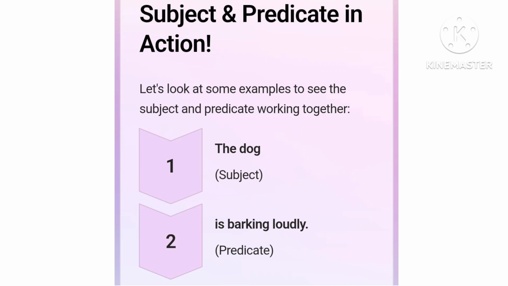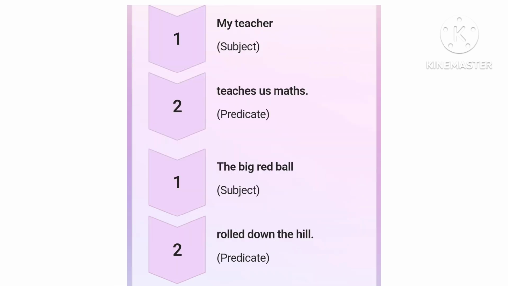The next example: my teacher teaches us maths. My teacher is the subject and teaches us maths is the predicate. The third example is: the big red ball rolled down the hill. The big red ball is the subject and rolled down the hill is the predicate.